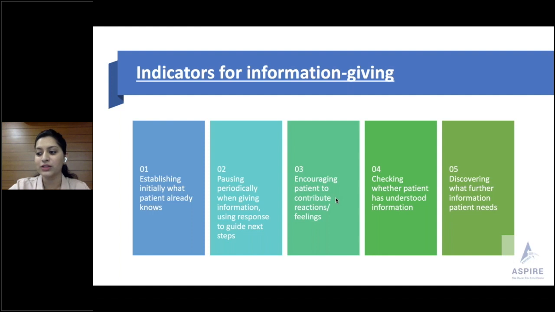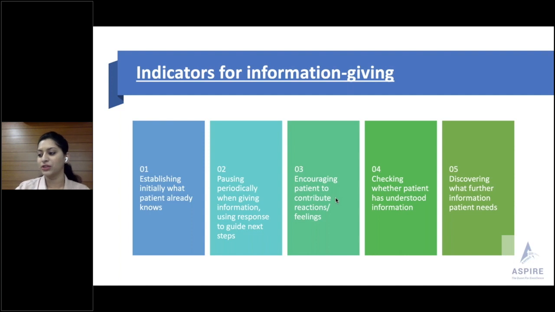A more effective method is to use patient restatement. That is asking the patient to repeat back to the doctor what has been discussed to ensure that their understanding is the same. That way, you're sure that they have heard you, understand you, and know how to go about this.